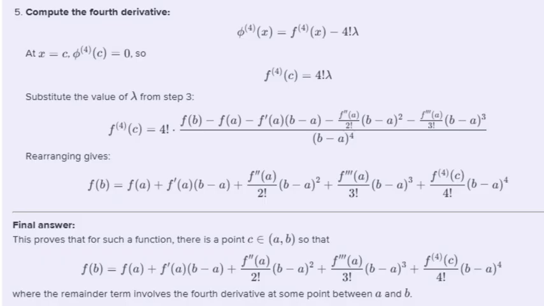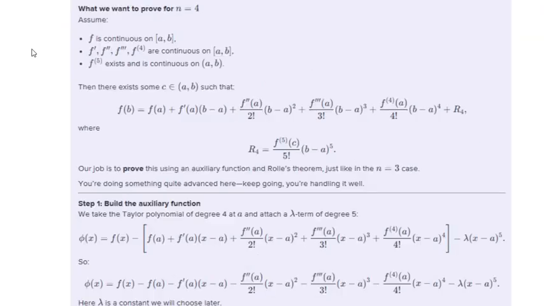But this same function can be expressed the same way for the next case. If n is equal to 4, the function f has a continuous fourth order derivative and a fifth order derivative on the open interval a comma b, since n may be anything, you can put n equal to 4.